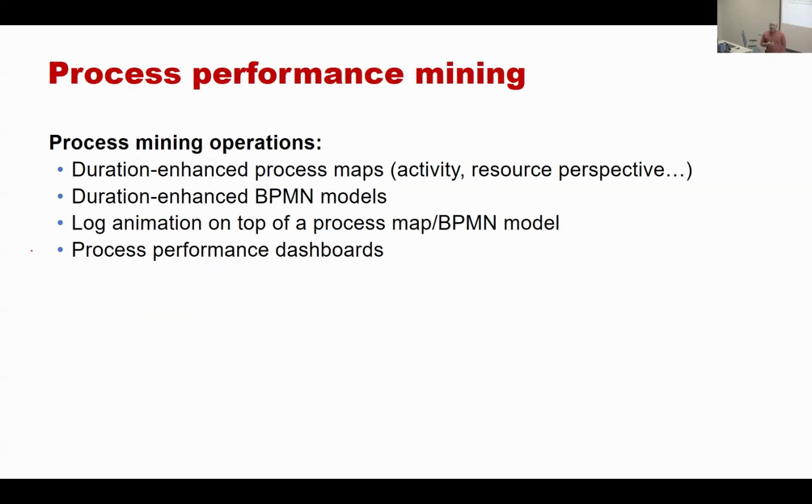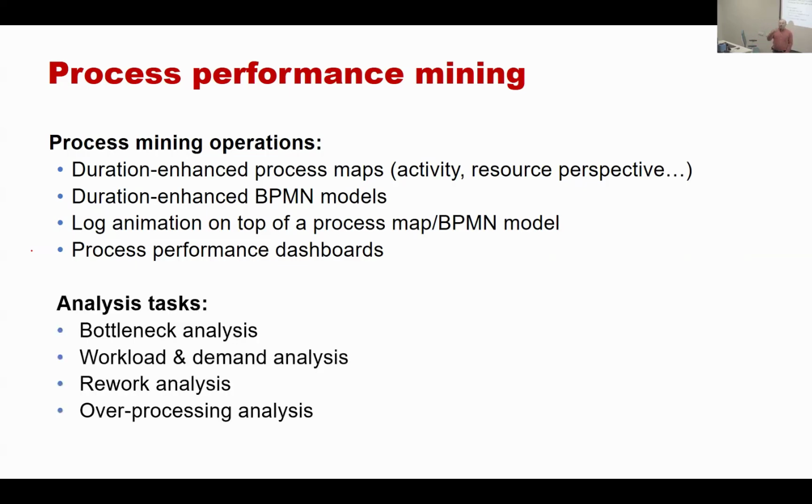And to do this, we are going to use 4 main types of operations: duration-enhanced process maps, duration-enhanced BPMN models, log animation, and performance dashboards, in order to conduct 4 types of analysis tasks. So we use these 4 capabilities of the tool to perform 4 types of tasks.